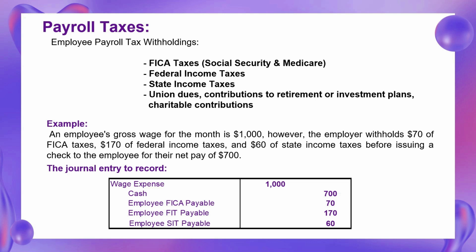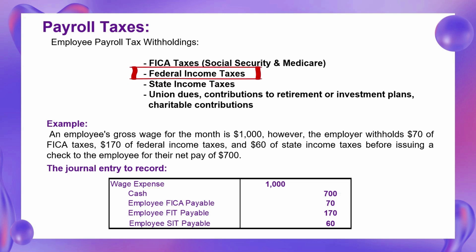You get a job. If you generate income as an employee, you, the employee, are responsible for certain taxes. One of those taxes is referred to as FICA or FICA taxes. This is federal Social Security and Medicare. In addition, you'll have to pay some federal income taxes.